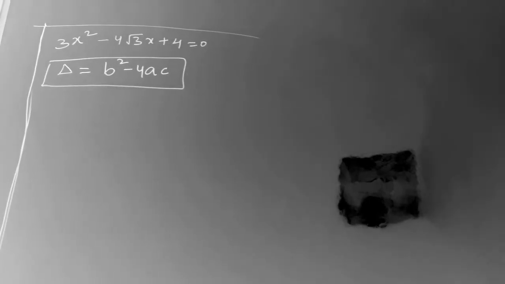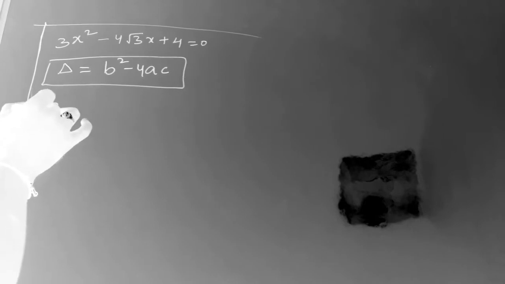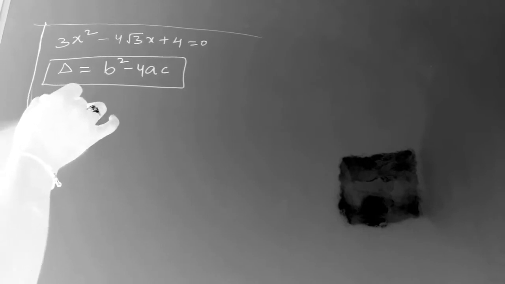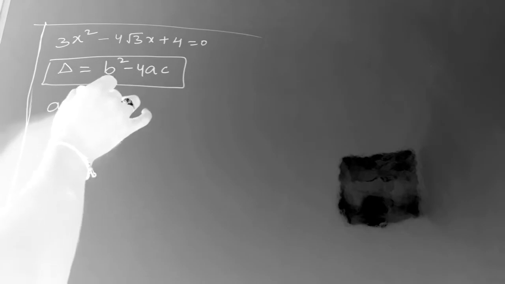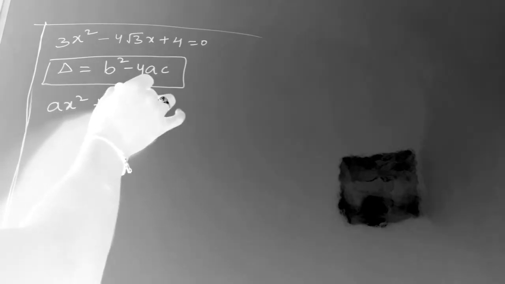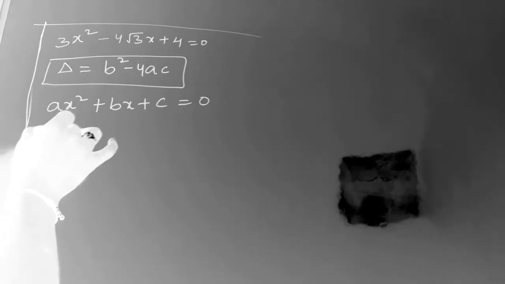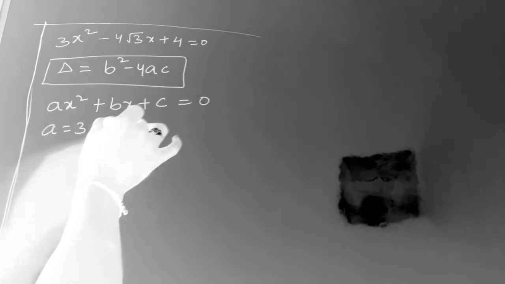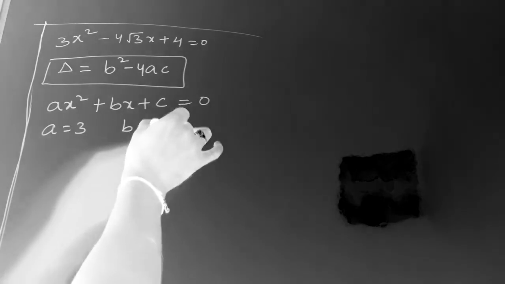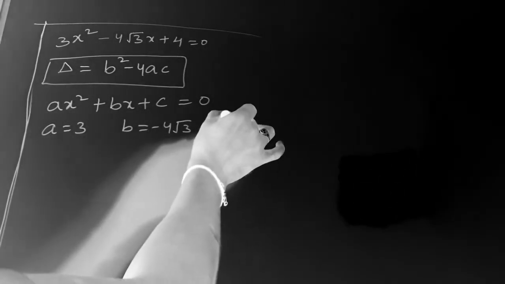Okay, so now we see the given quadratic equation is in standard form, ax square plus bx plus c is equal to 0. So here a value is nothing but 3, b value is nothing but minus 4 times root 3, c value is nothing but 4.